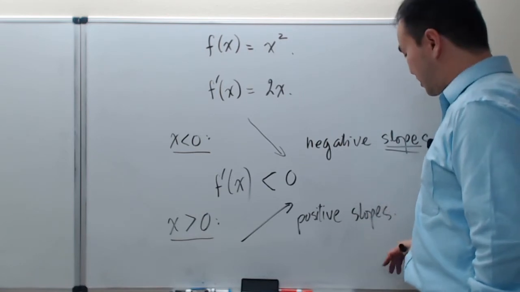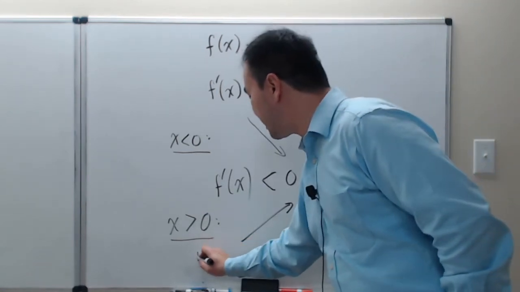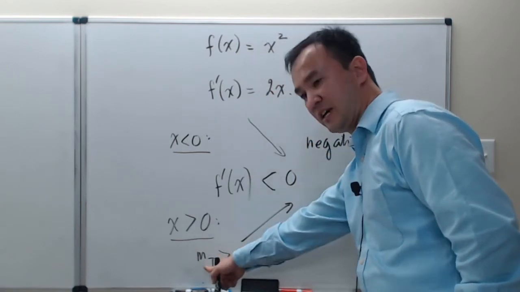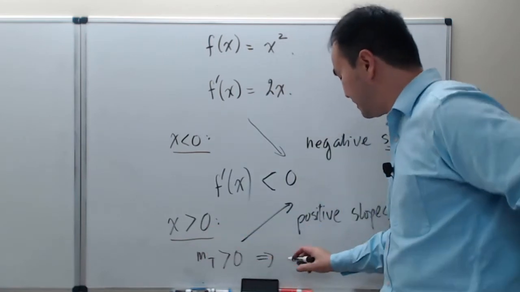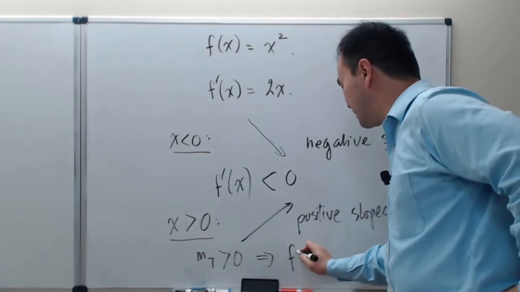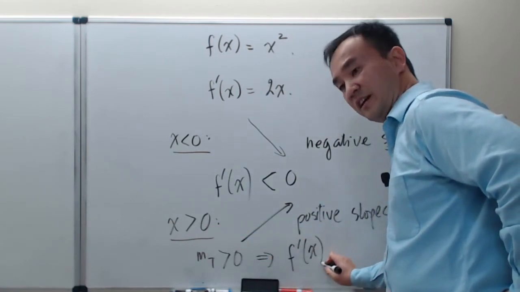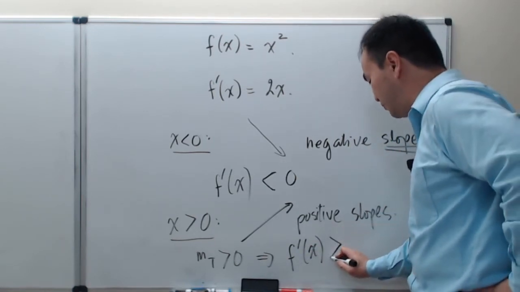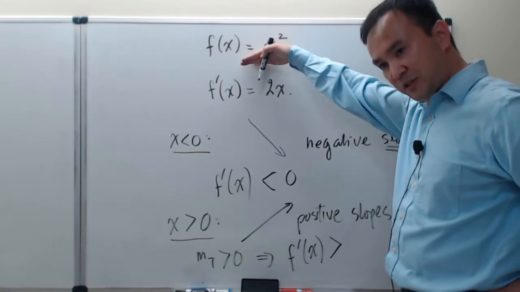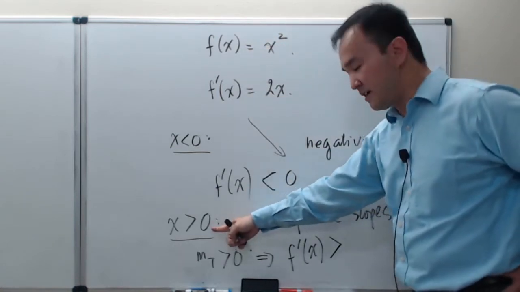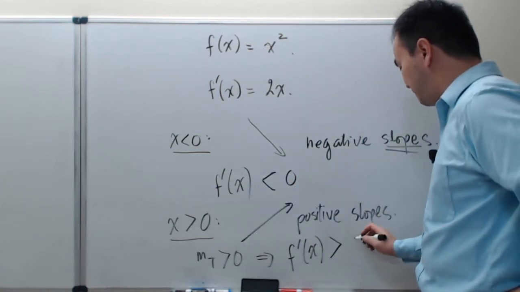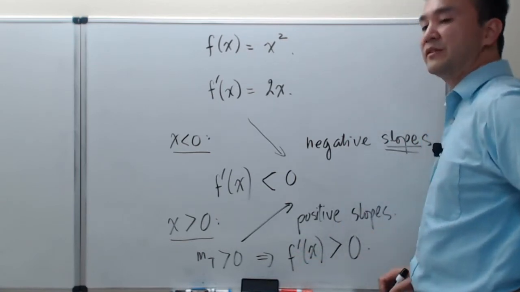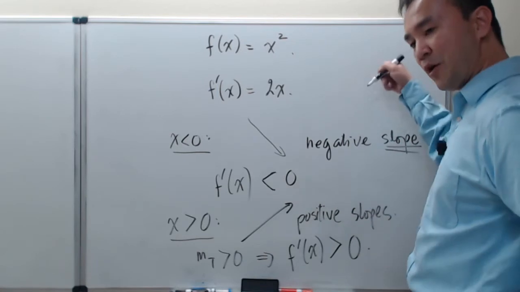Positive slopes mean m_t is greater than 0, and m_t, the slope of the tangent line, is the same as the derivative of the function. So ultimately we can conclude that for this particular function, when x is greater than 0, the derivative of the function is positive, because the tangent line was pointing up like that.